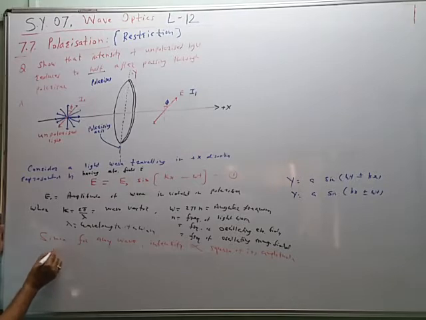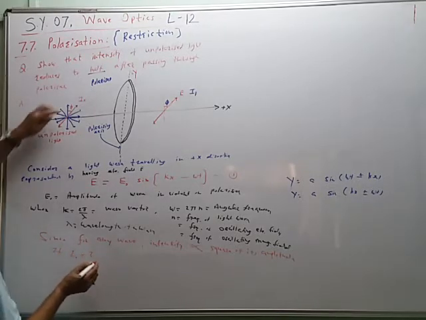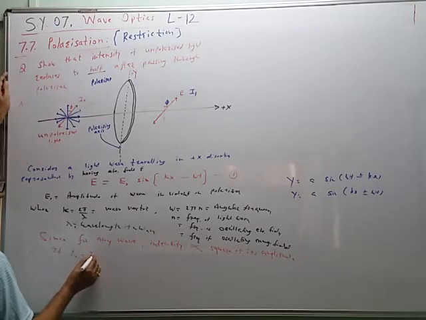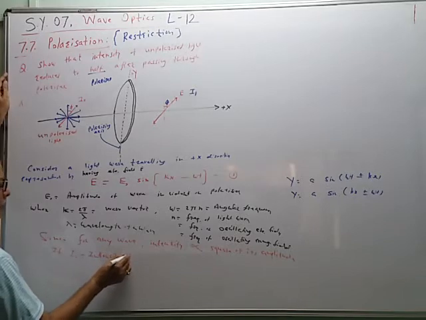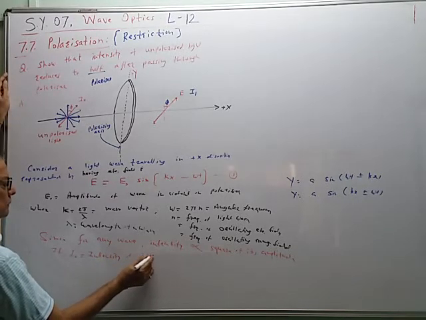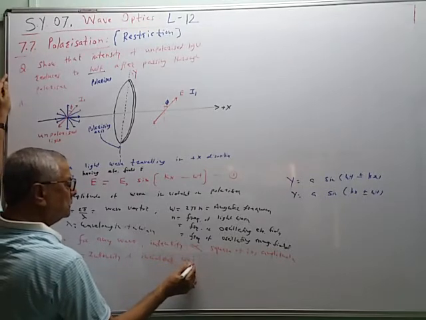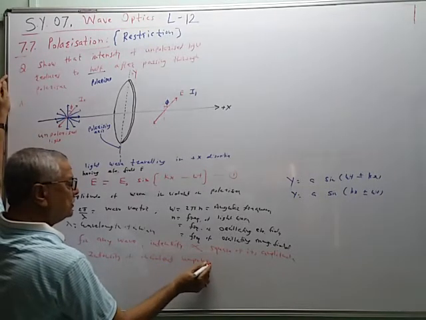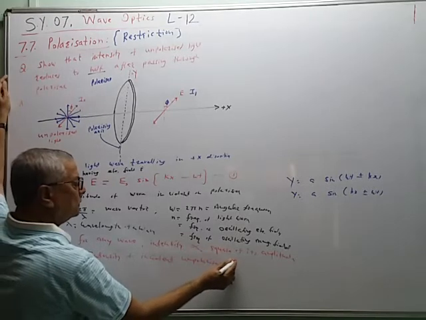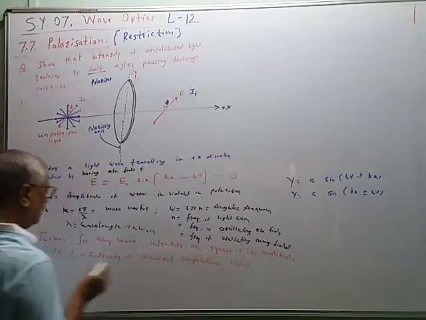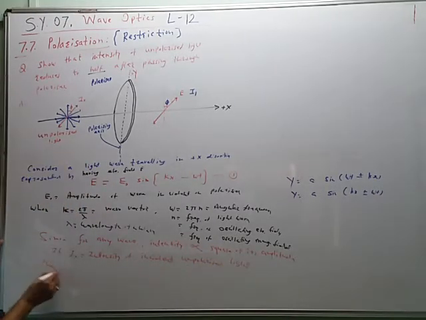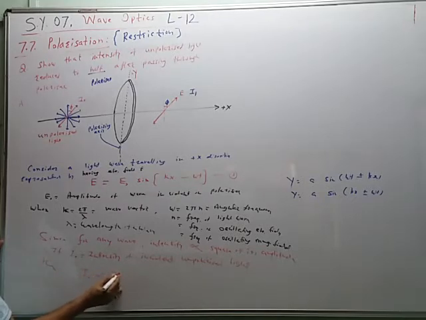Therefore, if I0 is equal to the intensity of the incident unpolarized light, then I0 is directly proportional to E0 square.